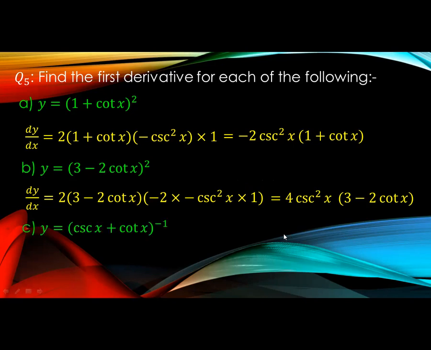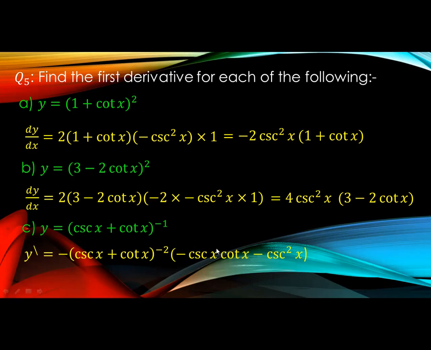Letter C, y equals (cosec x plus cotan x) all to the power negative 1. Also this function, the base is cosec x plus cotan x raised to the power negative 1. For the first derivative y dash, we bring down the power negative 1 times (cosec x plus cotan x) all to the power negative 2, subtract 1 from the power, times the derivative of the base.